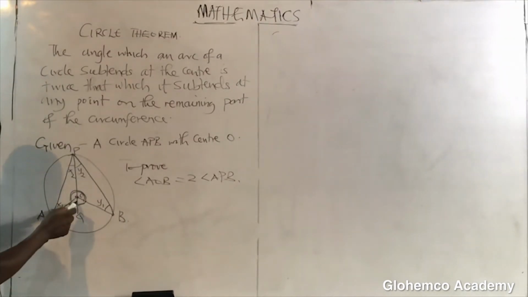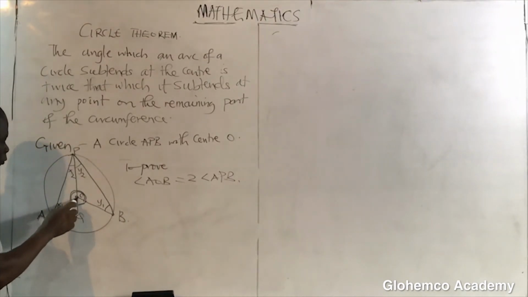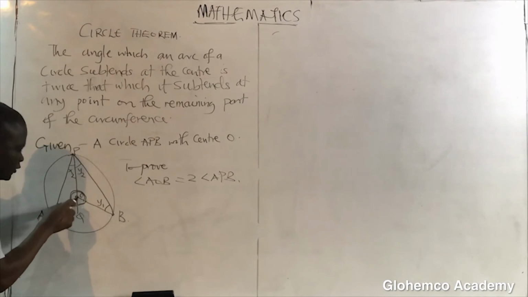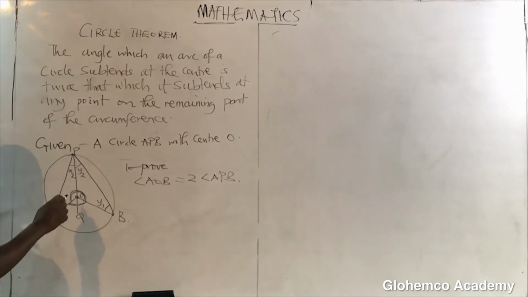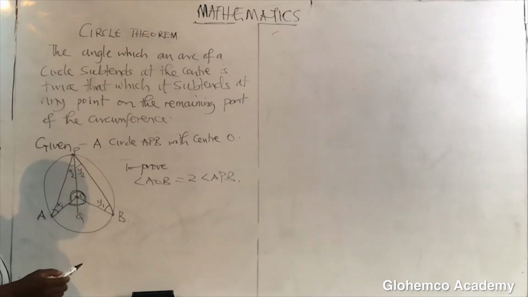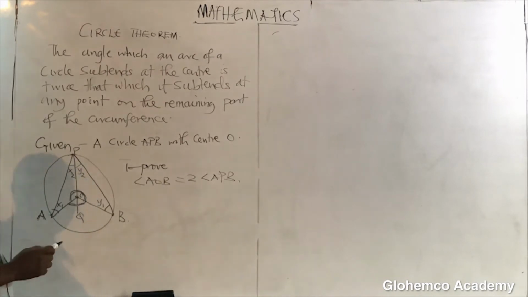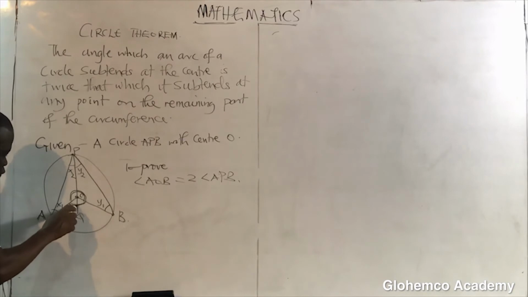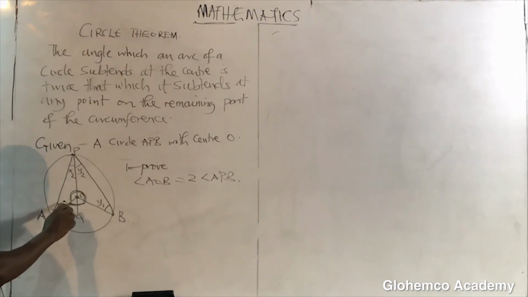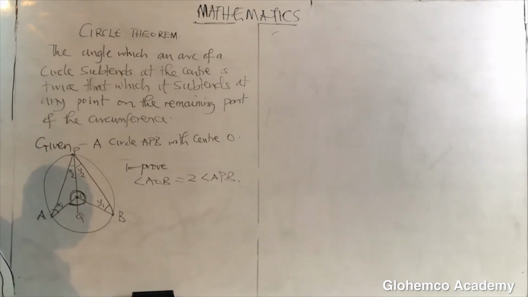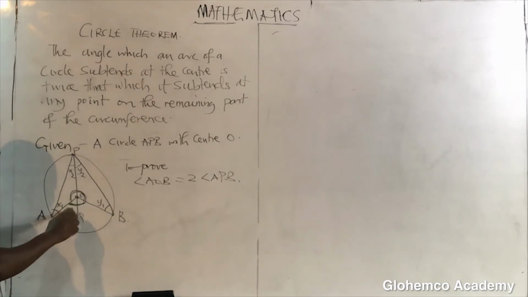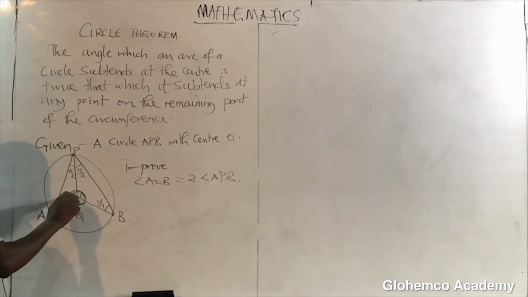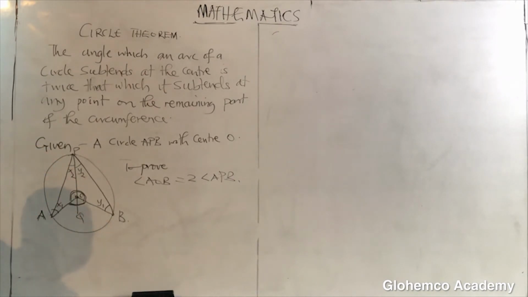The two angles form angle at a point, and angle at a point equals 360. If you know the value of this angle, you can get the reflex by subtracting it from 360.